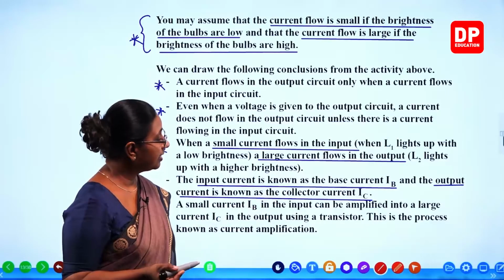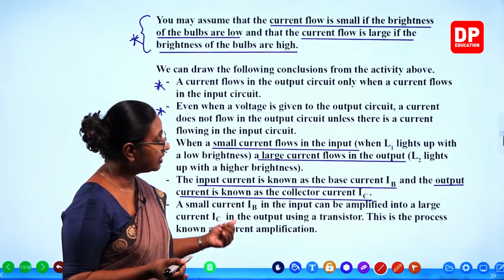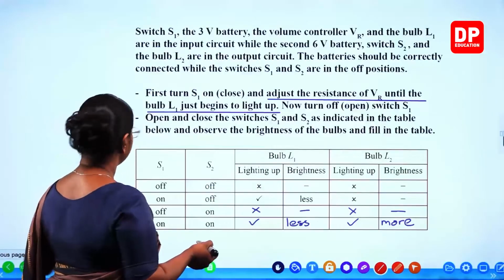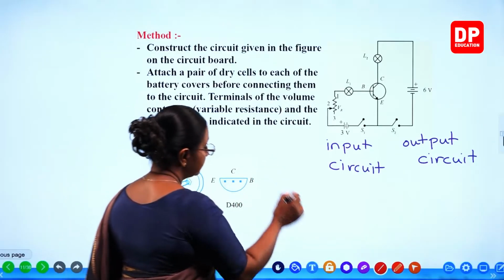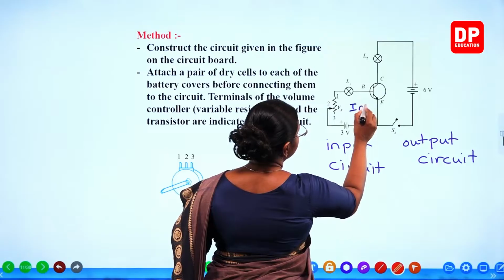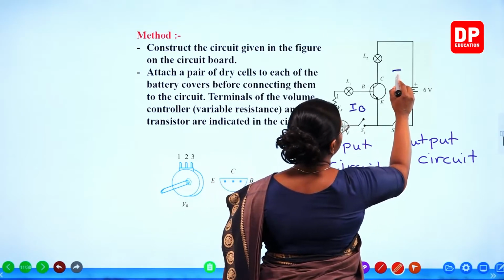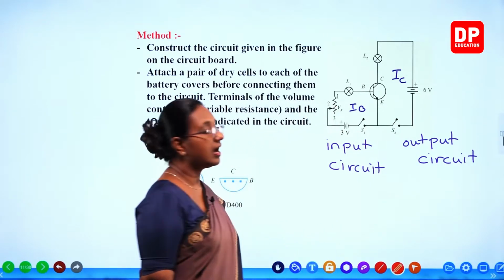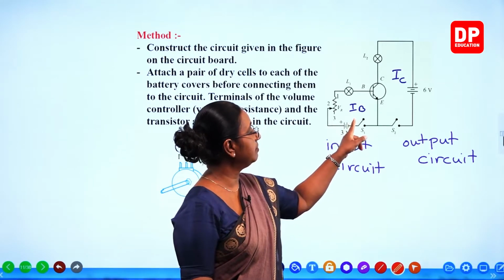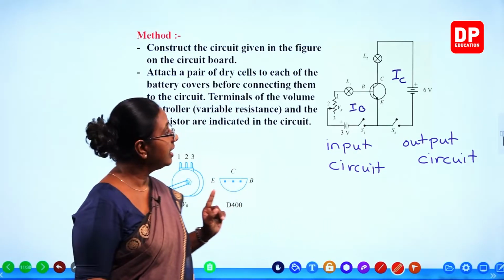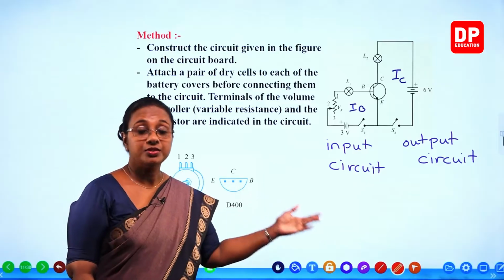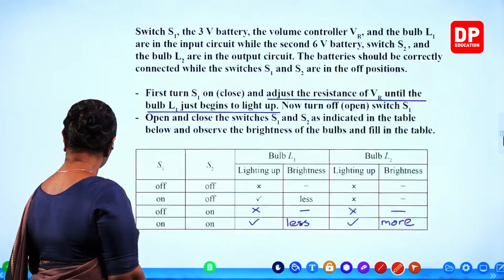If we go back to the previous one, here we will have the base current IB flowing, and here the collector current IC flowing. That is the input circuit, that is the output circuit. IB is the input current and IC is the output current. Is that okay?